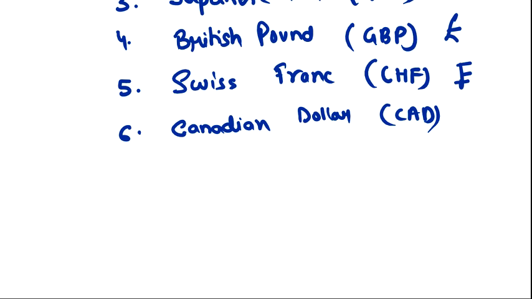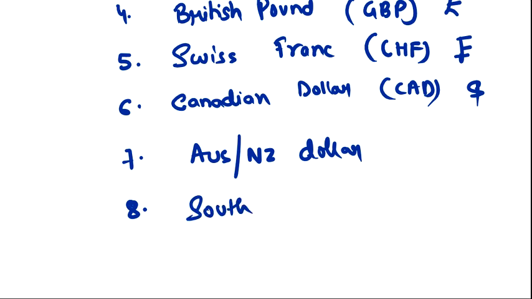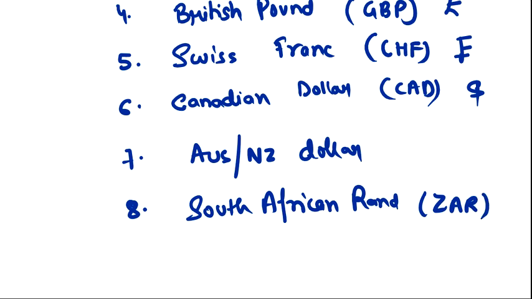So what is the symbol for CAD? Anyone? Try to think. The symbol is the same as the dollar. Canadian dollar is the same as the normal dollar. Then we have the Australian or New Zealand dollar. Then the South African rand, ZAR.